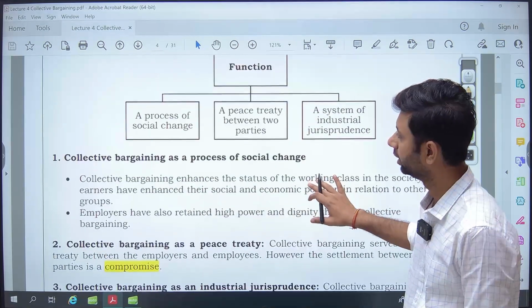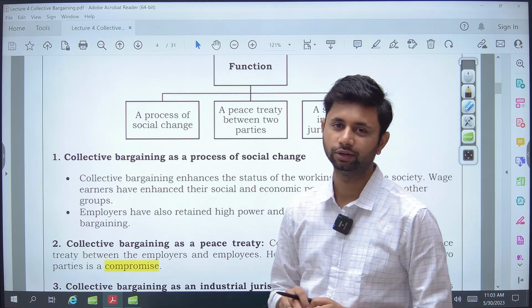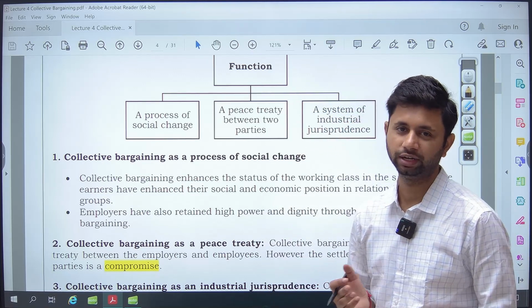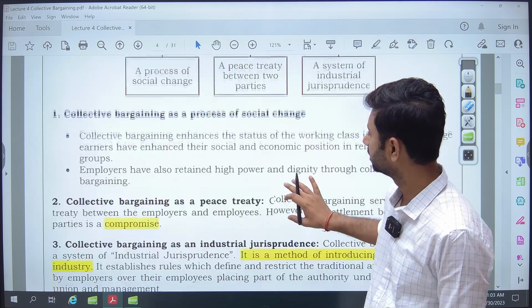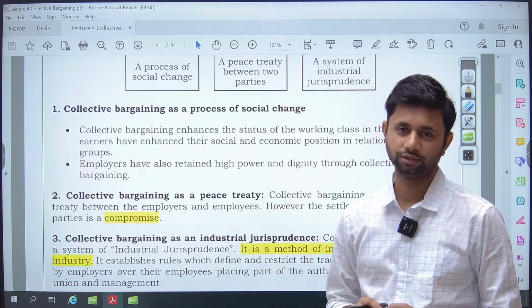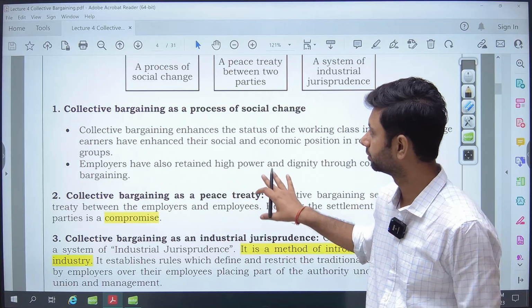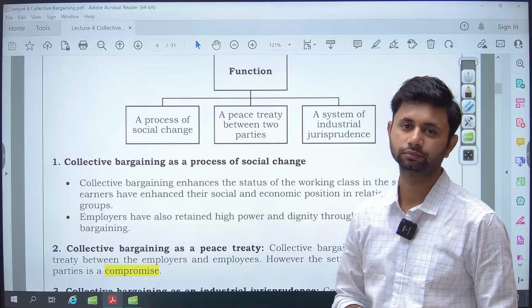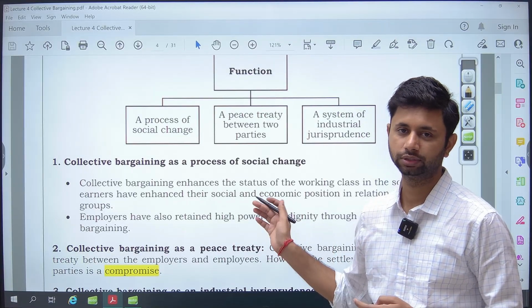First, collective bargaining is a process of social change; then, it is like a peace treaty between the stakeholders; and lastly, it is a system of industrial jurisprudence. Have a look at it and try to see what you can make of these things.